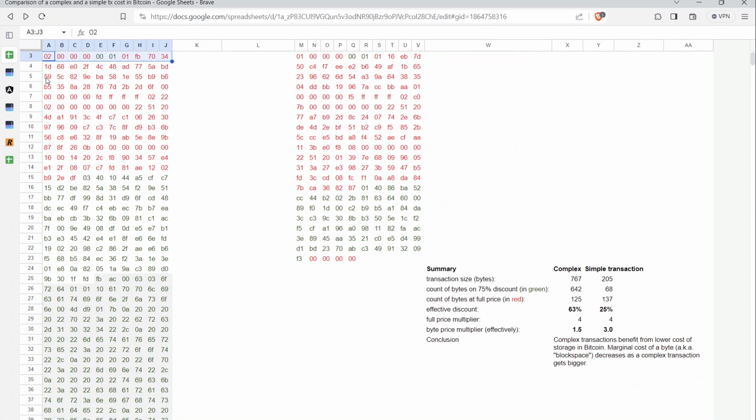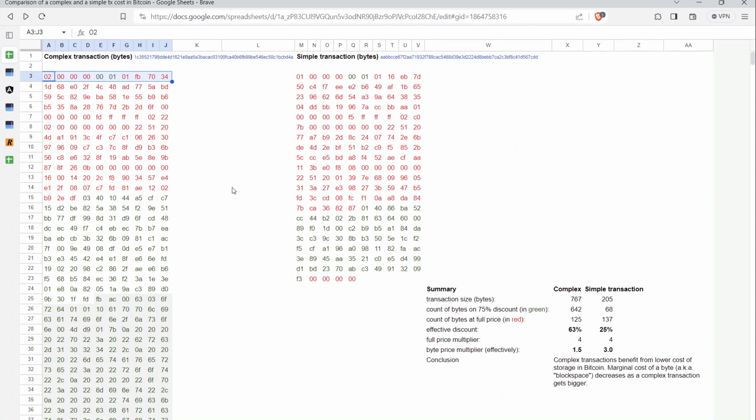As you can see, I summed them, and the sum is shown here. 767 bytes. And now let's see which bytes and how many bytes are entitled to the discount.